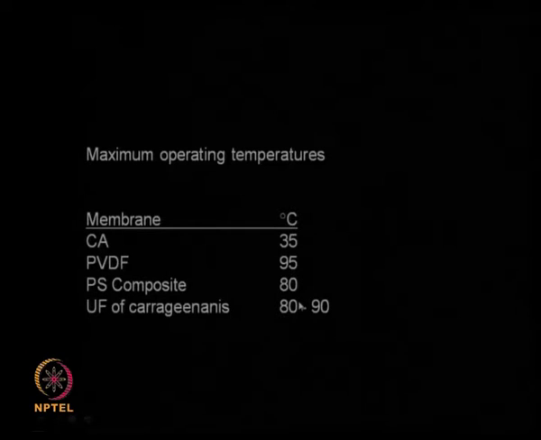So for biopolymer type of material, hydrophilic material, temperatures always have to be very low. Hydrophobic synthetic polymers, even polycarbonate or polyethylenes, we can go up in temperature of operation.